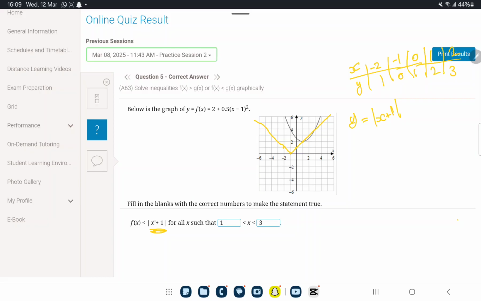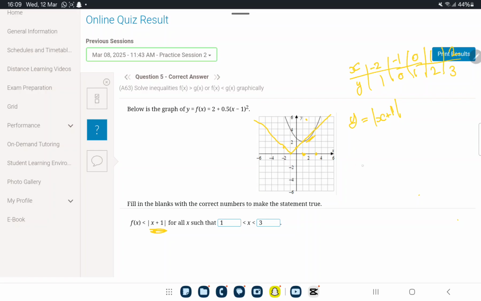So they want f of x, which is the curved line, the black one, less than the yellow one. So whenever this black part is under the yellow part. So we have this part, and it is between x equals 1 and x equals 3.